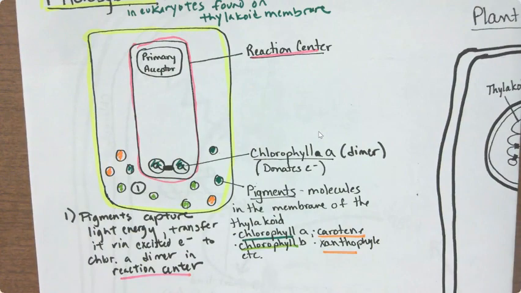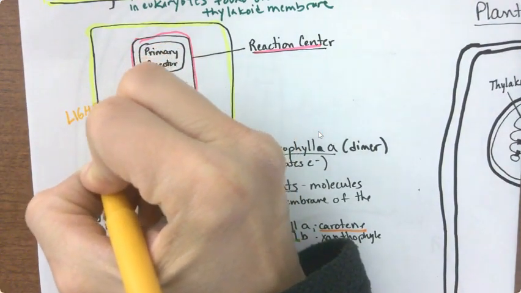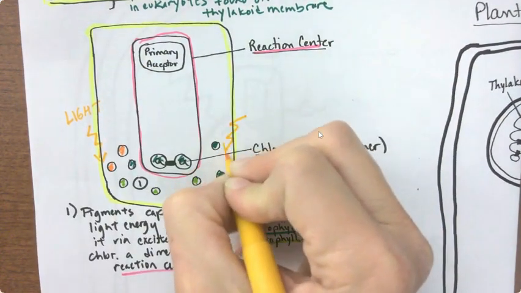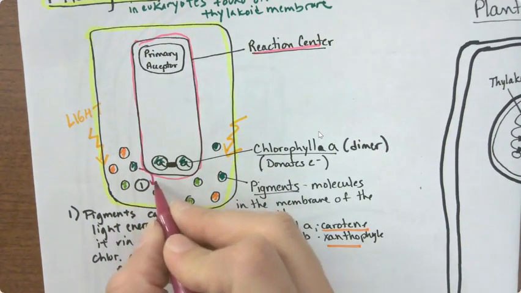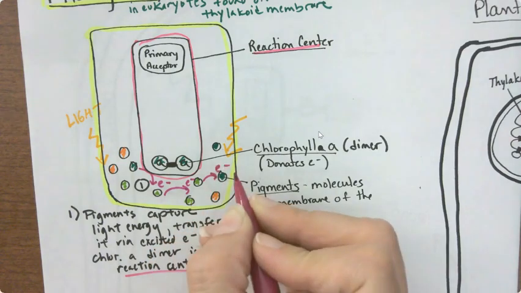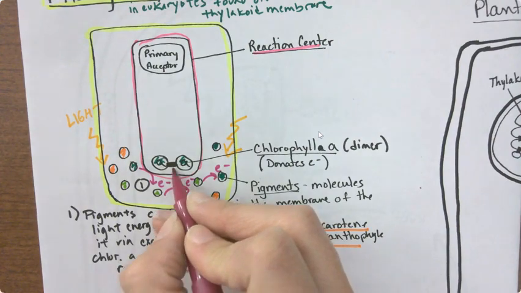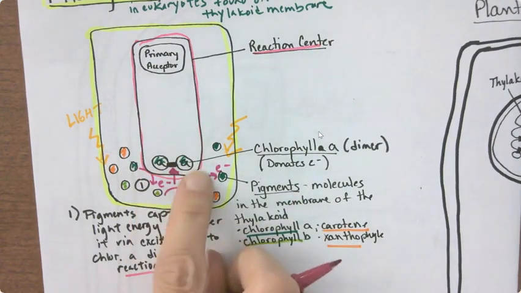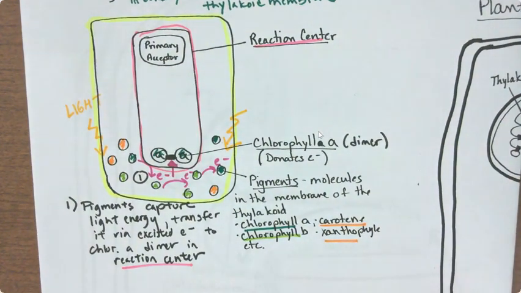This light energy from the sun hits these pigment molecules out here, and that excites electrons in these pigment molecules. These excited electrons start bouncing around and running into each other, running into the pigment molecules. Eventually, these excited electrons are going to excite electrons in this chlorophyll A dimer right here, in this area of the photosystem called a reaction center.